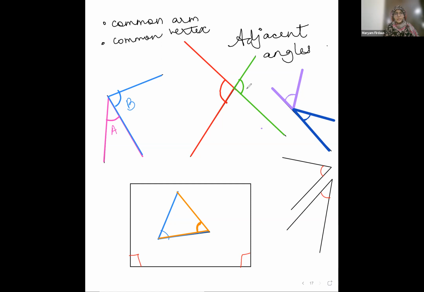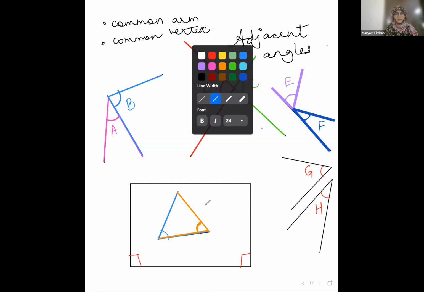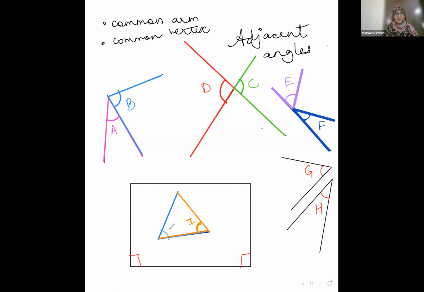This is angle C. This is angle D. This is angle E. That's angle F. That's angle G and angle H. Angle I and angle J.